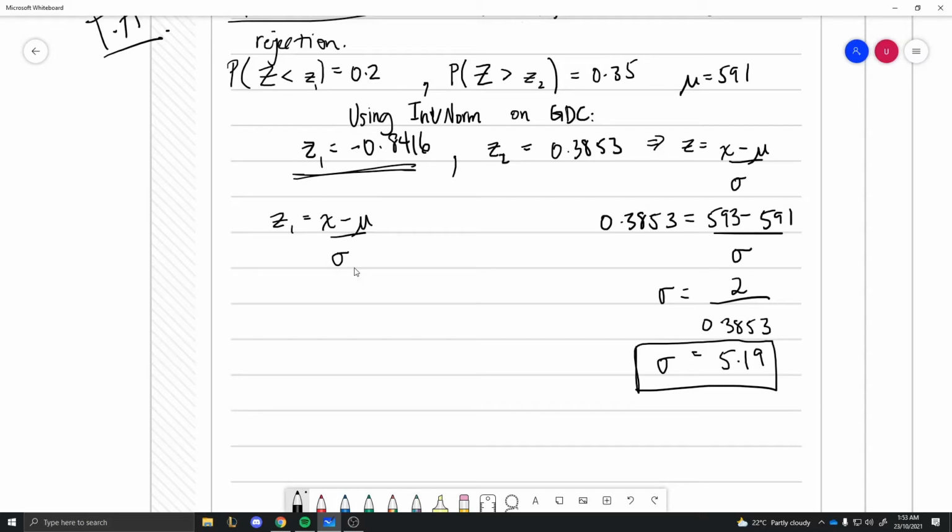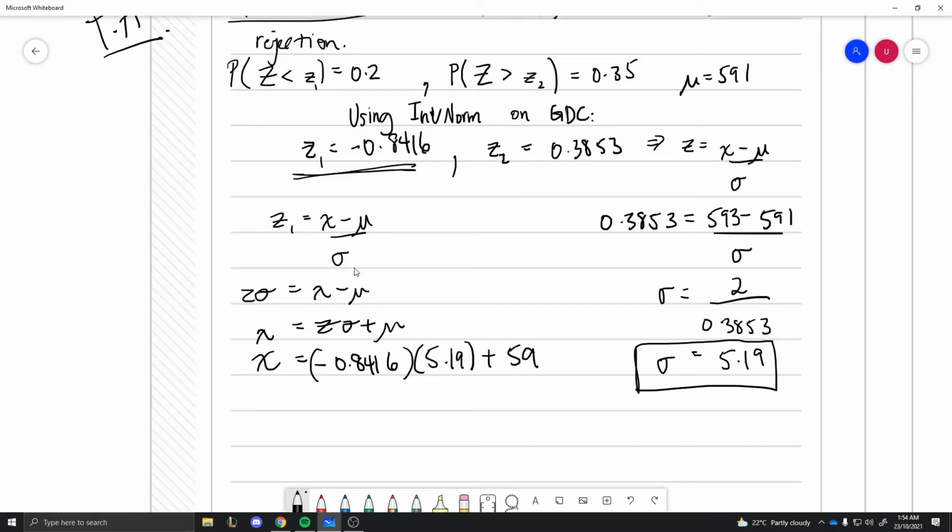So let's just put z sigma equals x minus mu, and then x equals z sigma plus mu. X is equal to, so the z value from up here is negative 0.8416 multiplied by sigma, which is from here, 5.19, plus 591, which is mu up here.